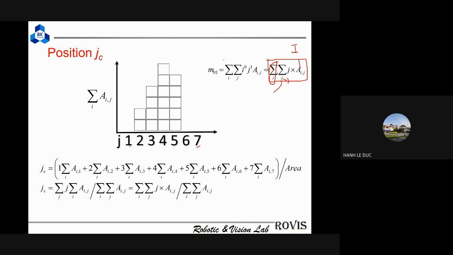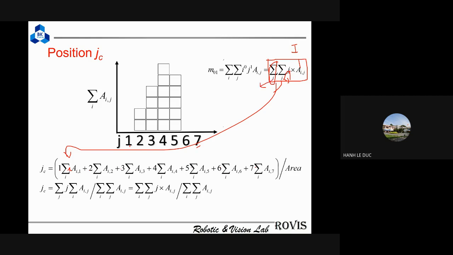So we will rewrite this one into this one, just replacing J here: 1 multiply, here 1, and 2, 3, 4, 5, 6, 7. And then we vary the I index.